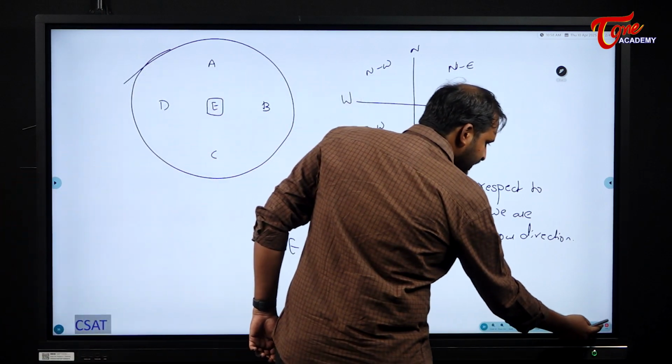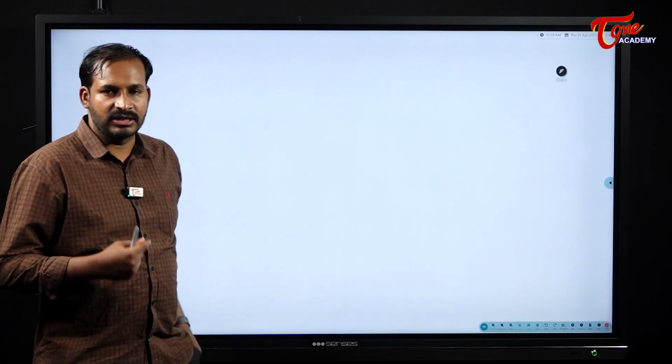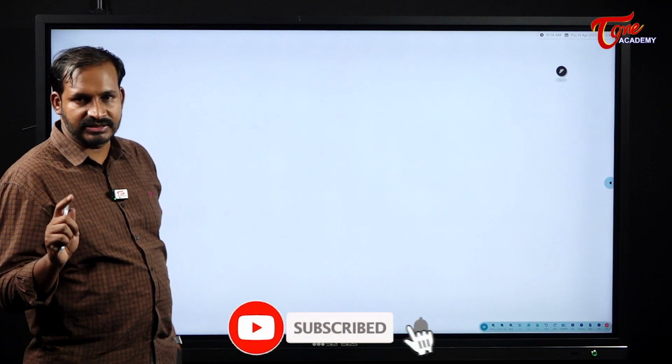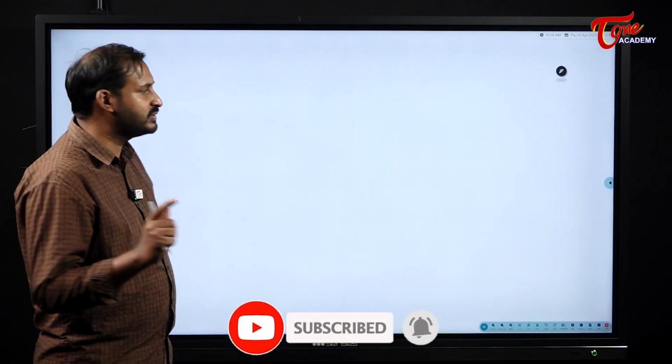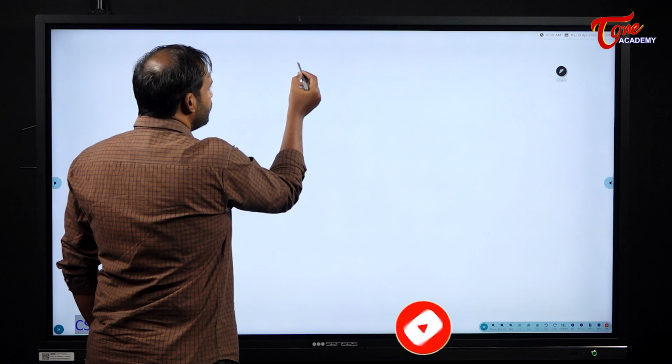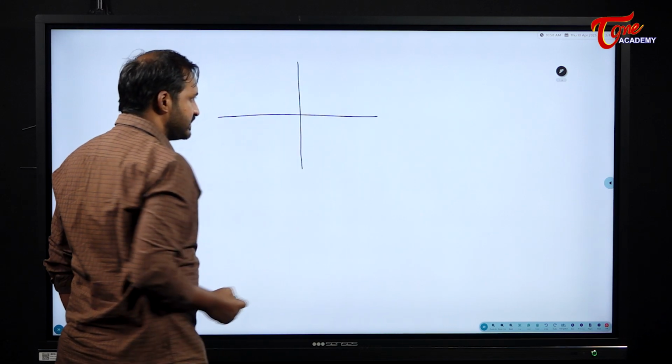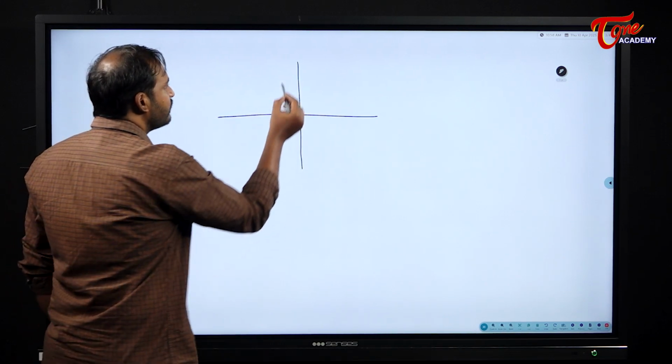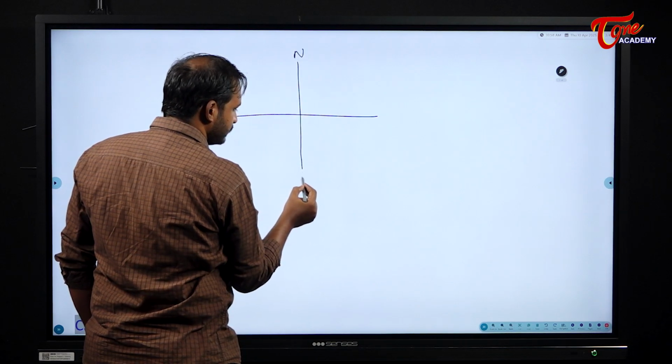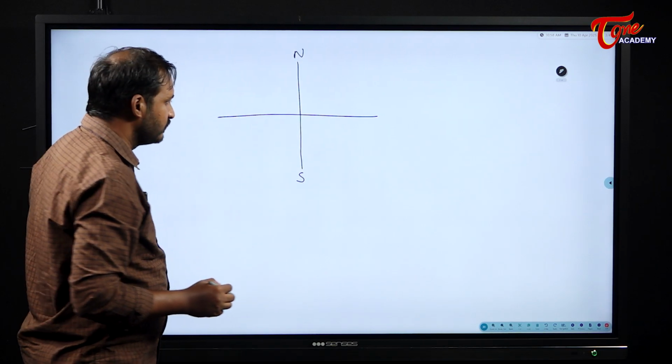Next thing, students, in these direction concepts, we should consider a few standard things. One of those standard things is this: we know this is north and south.